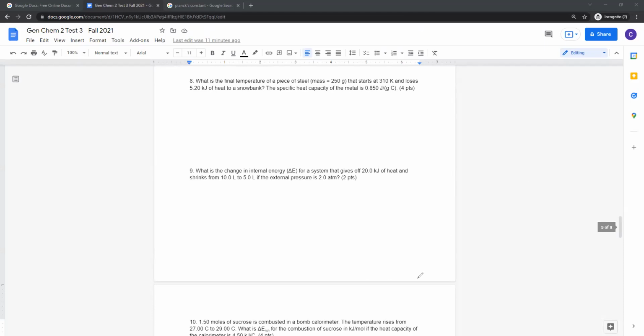All right, so this is a somewhat similar question to one we already did, where the change of energy is equal to heat plus work. First off, we are giving off heat. So if we're giving off 20 kilojoules of heat, that must mean q is negative, so minus 20.